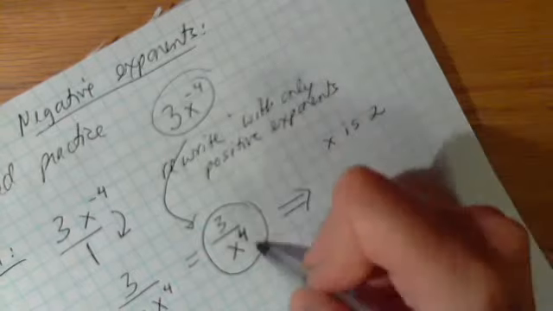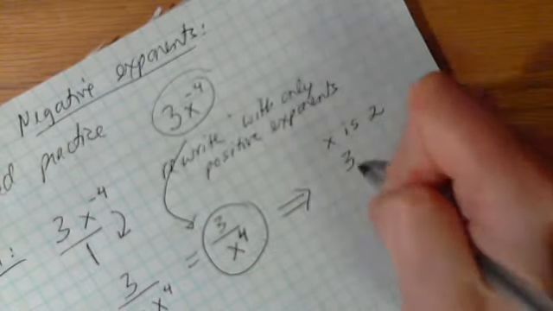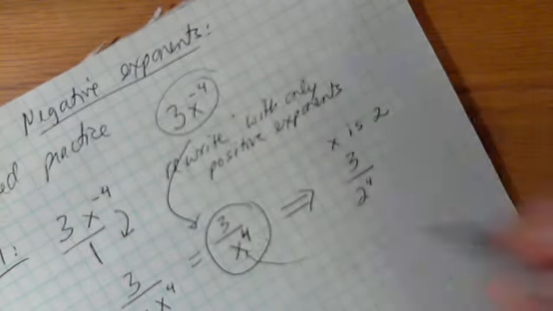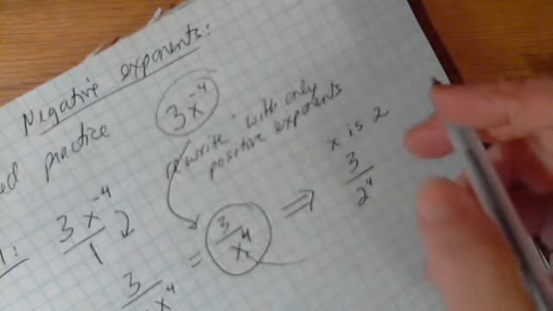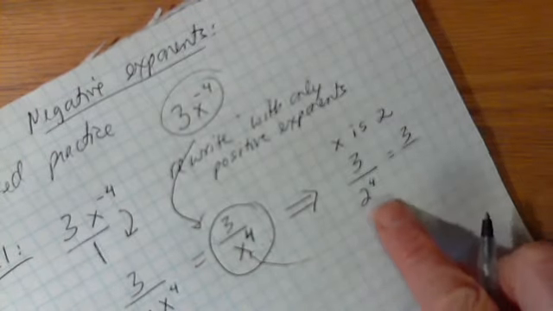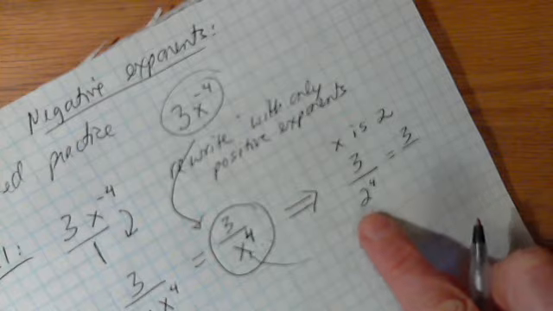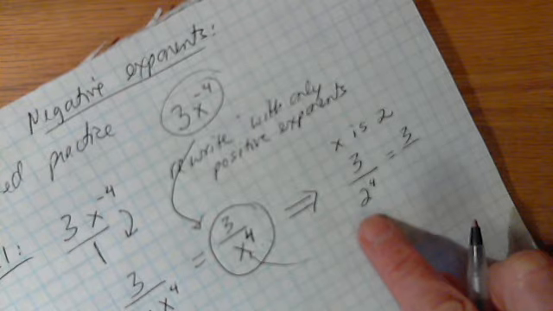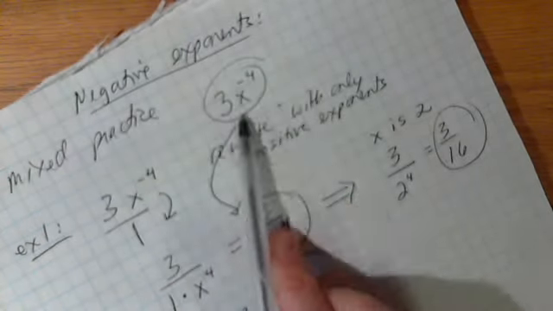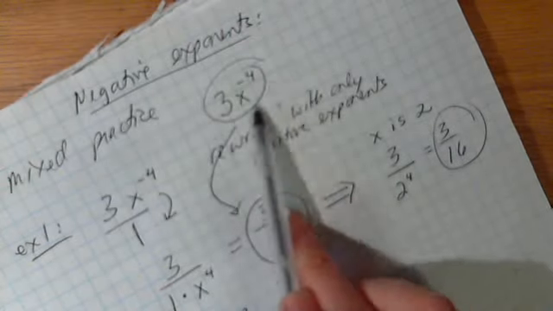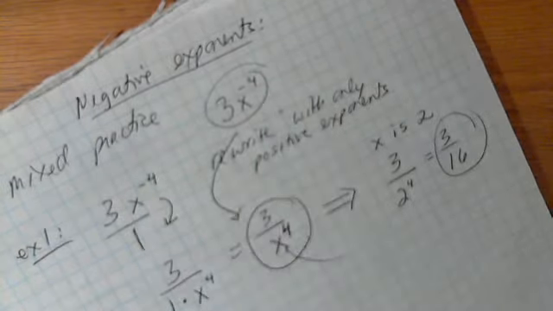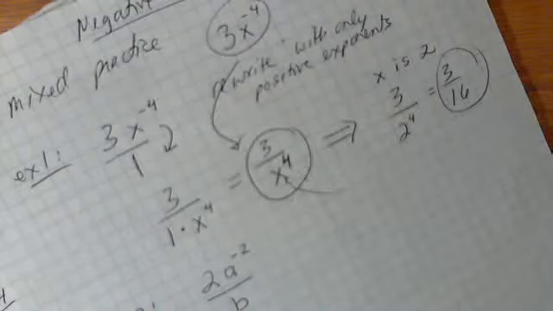So then we could evaluate this expression very easily. 3 over 2 to the 4th. I'm putting in 2 where x is. And I can do 2 times 2 times 2 times 2 in my head. 2 times 2 is 4, times 2 is 8, times 2 more is 16. And I have simplified this expression without having to use a calculator and typing 3 times 2 to the negative 4 in my calculator.